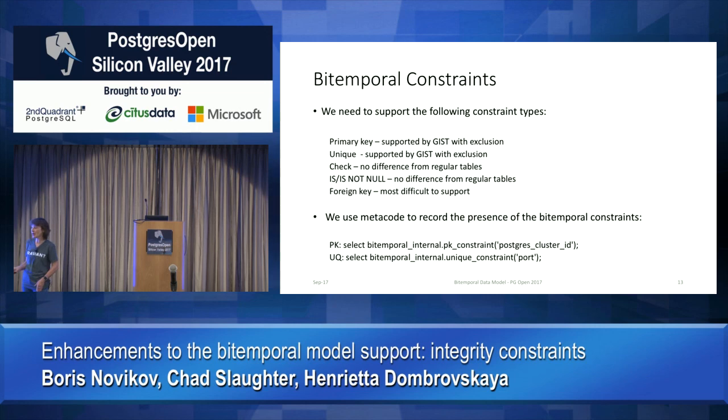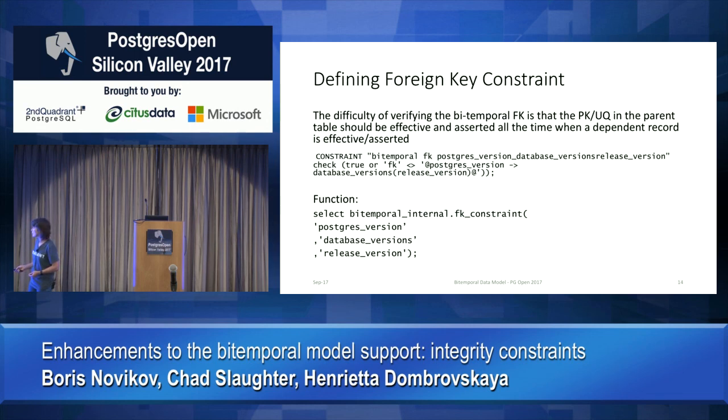So what we are doing, we are mimicking our constraints by adding check constraints, which have a specific syntax which we specify in the functions, and they are always true. But when you issue describe for the table, you see these constraints, you can read them, and you can see what is the primary key, what is the unique, and what's the foreign key. So that's the purpose of this meta code for the constraints.